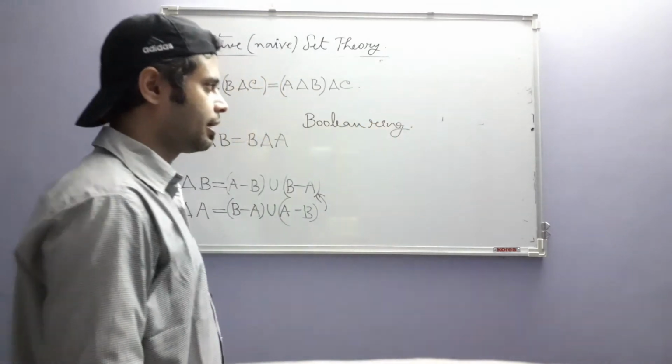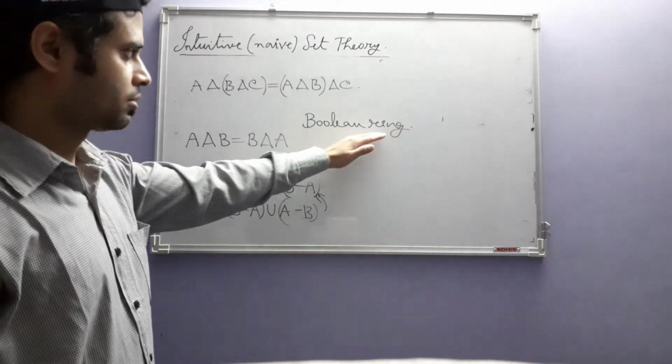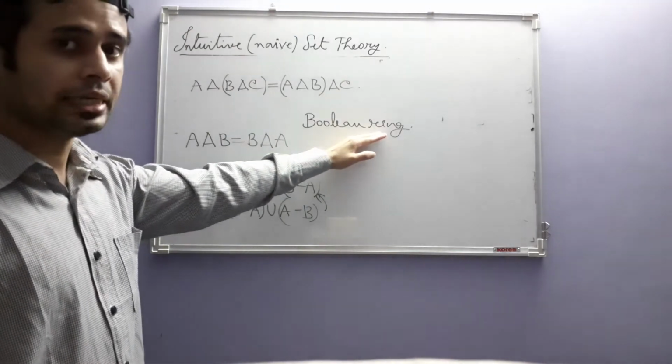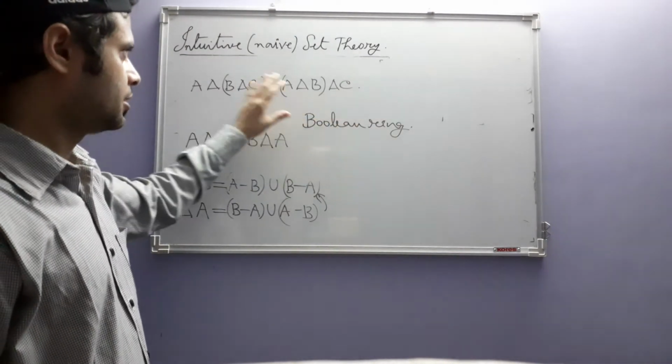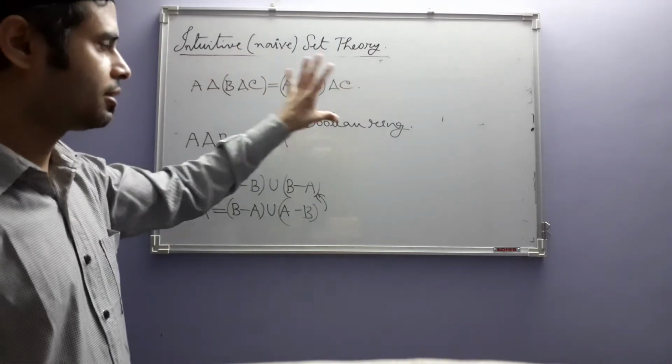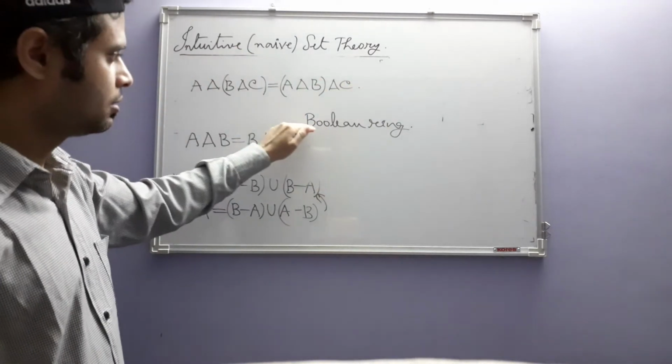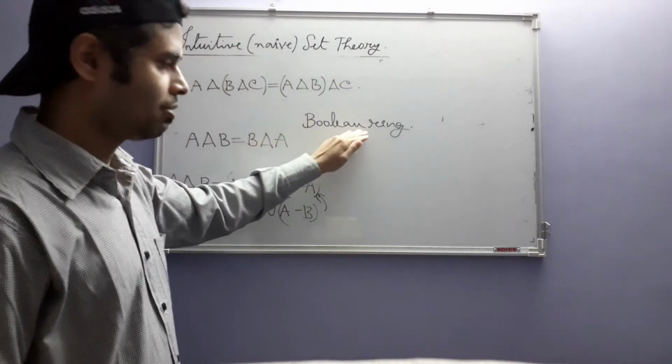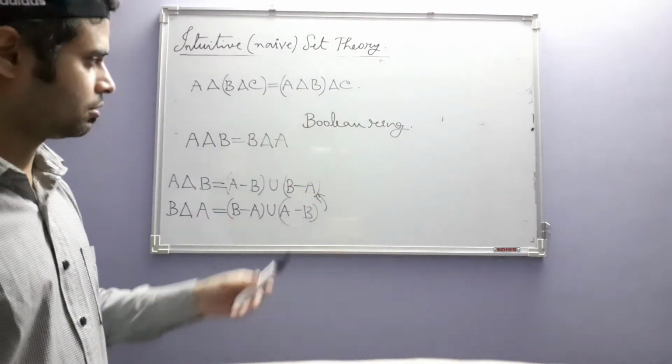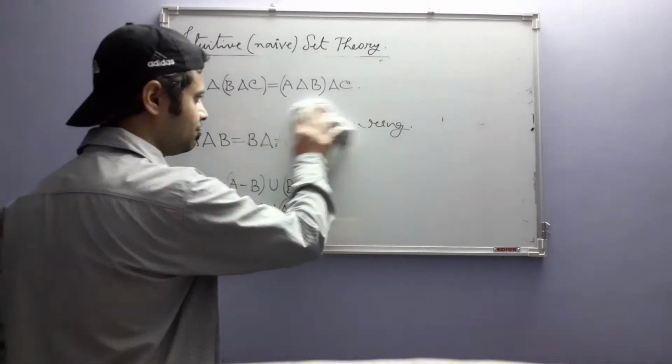Okay, in higher algebra there is a subject called ring theory. There this symmetric difference arises in an example of a Boolean ring. We will see what these things are in future.